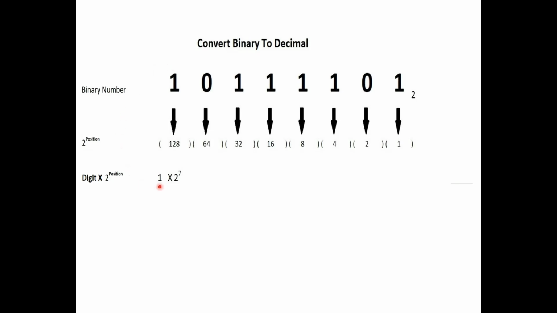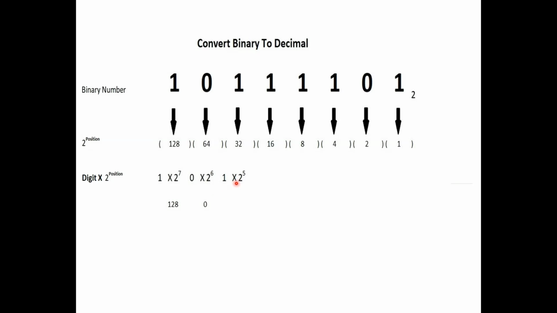For position 7, 1 times 2 to the power of 7. 2 to the 7 is 128, times 1 is 128. For position 6, 0 times 2 to the 6. 2 to the power of 6 is 64, times 0.